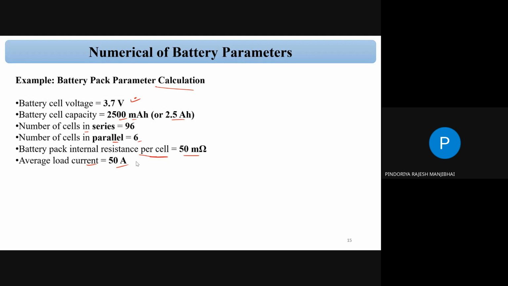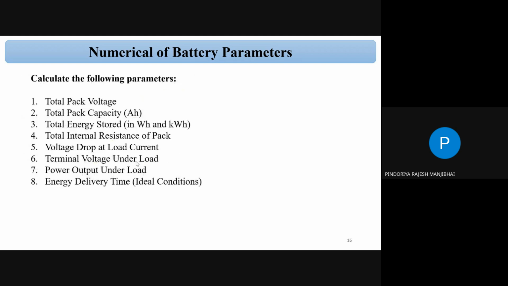What type of parameters do we have to calculate? Please note down, otherwise please remember. We have to calculate the total peak voltage, the battery peak voltage.